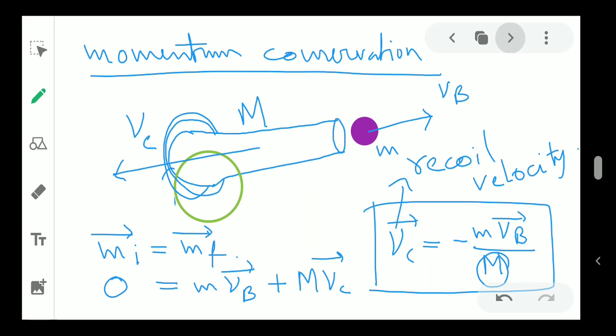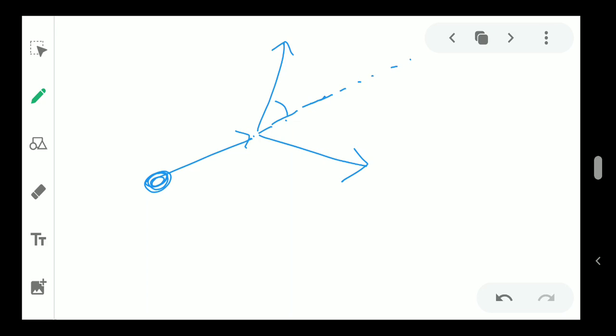Let's say this is one object that was going, and now it has burst, and one portion of it is going this way, one portion is going that way, and they make angles, let's say theta 1 and theta 2.